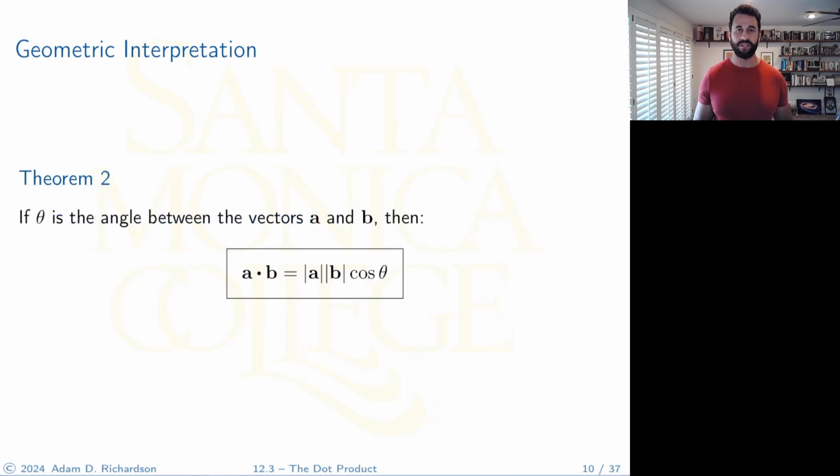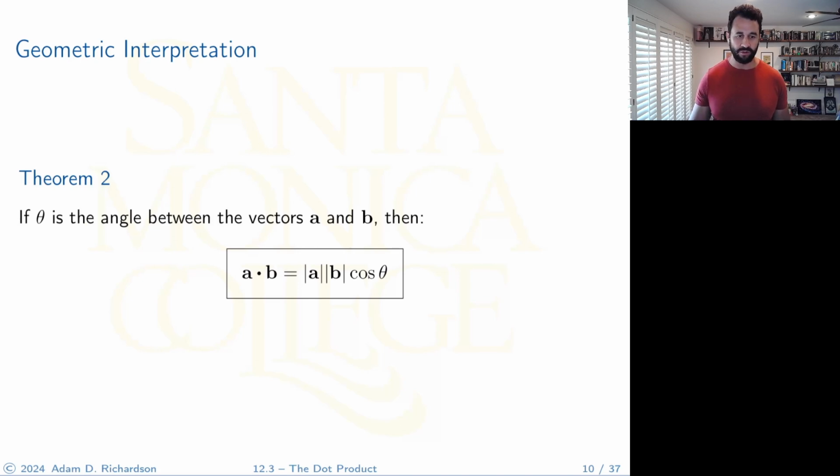How does this relate to the dot product? It relates in a really intriguing way. Here it is. If theta is the angle between those two vectors A and B, then it turns out that the dot product of A and B is equal to the lengths multiplied and then scaled by cosine of the angle between them.